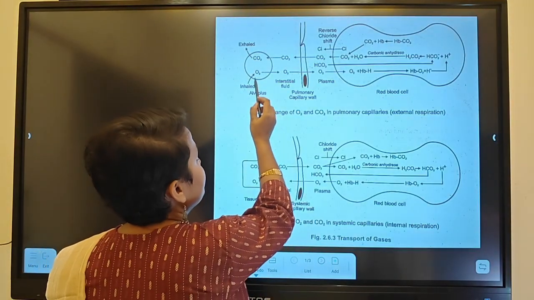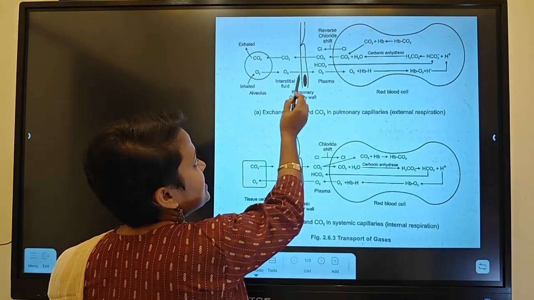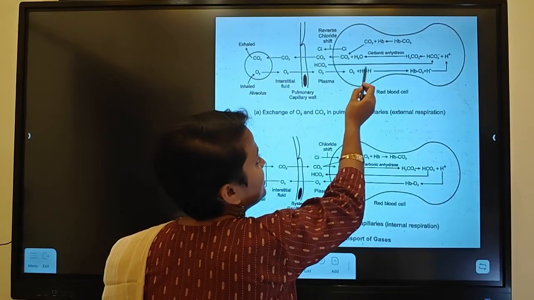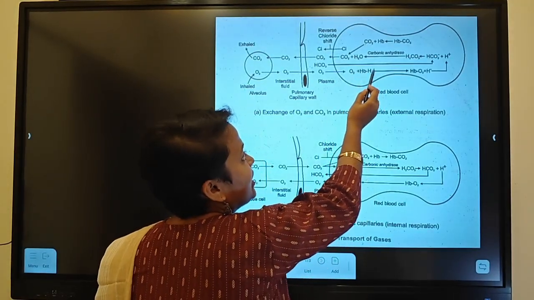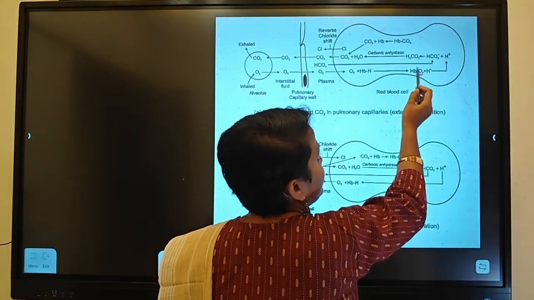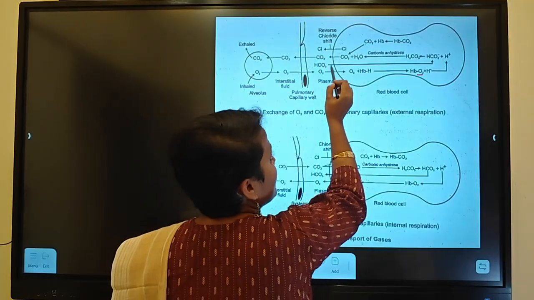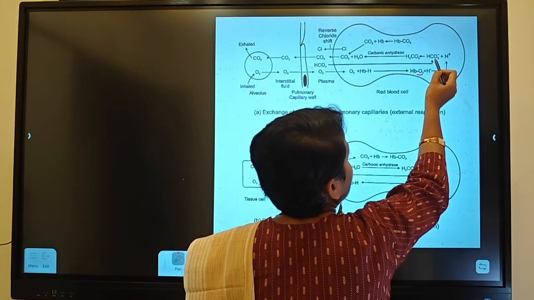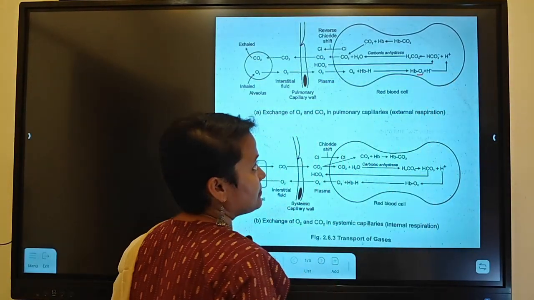Oxygen will enter into the red blood cell to make the oxyhemoglobin complex, and bicarbonate ion will enter into the red blood cell.